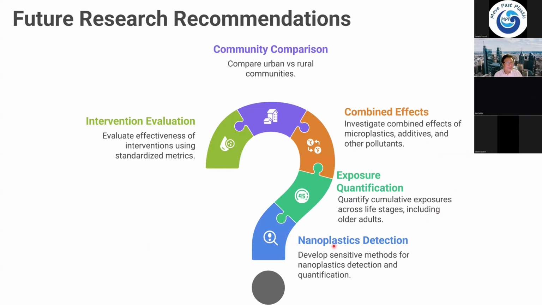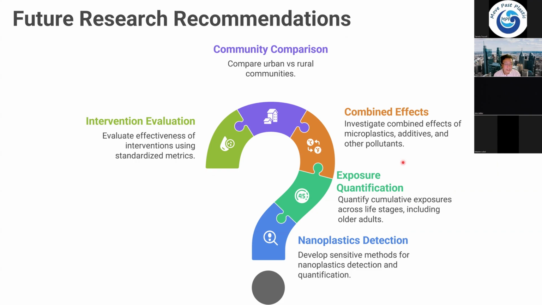Based on our ongoing findings, here are some of my research recommendations for future studies. I think we have to develop more rigorous methodologies to detect nanoplastics, and also comprehensive exposure quantification, including cumulative exposures, not only indoor but also water, soil, and food samples.